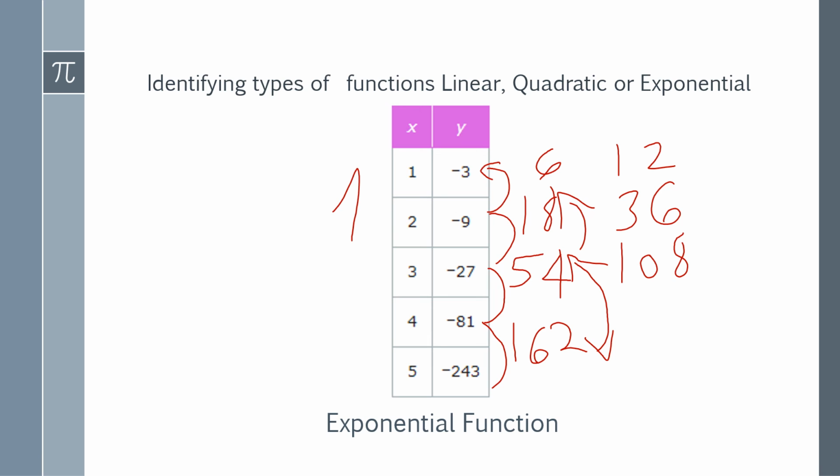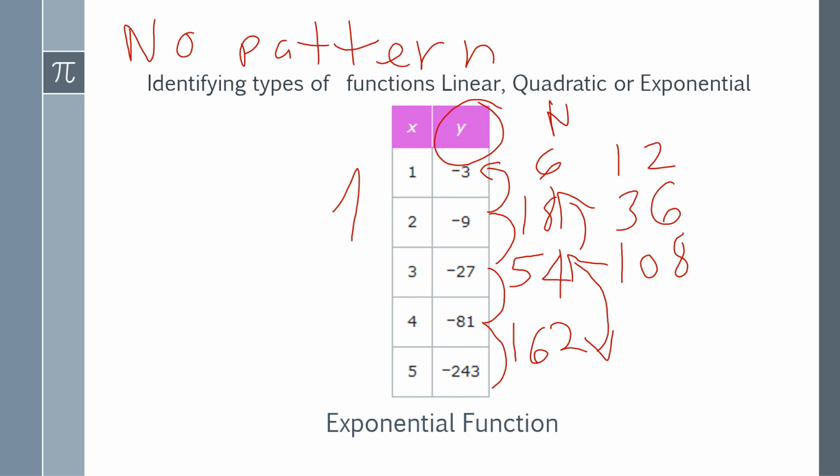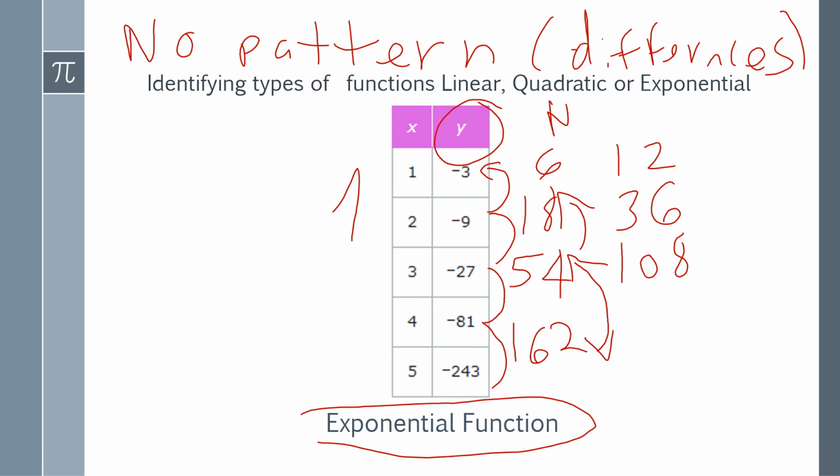So as a result, when you try to find the pattern of this y, and you did it 2 times and no pattern, and what I mean by pattern, I mean a pattern of differences, this is going to be exponential.